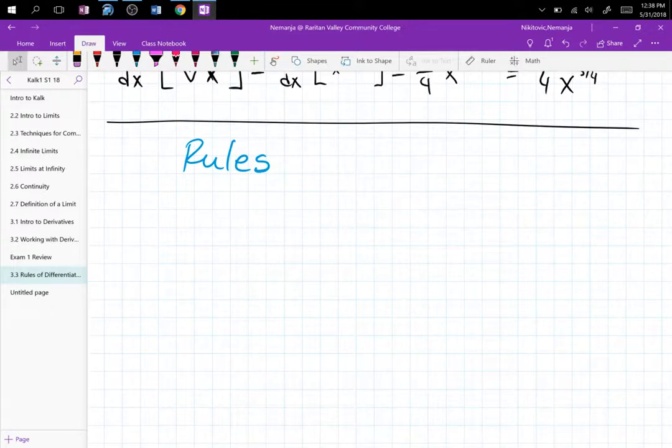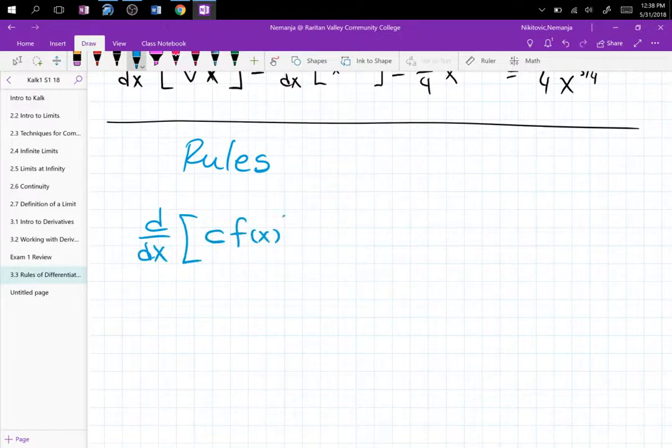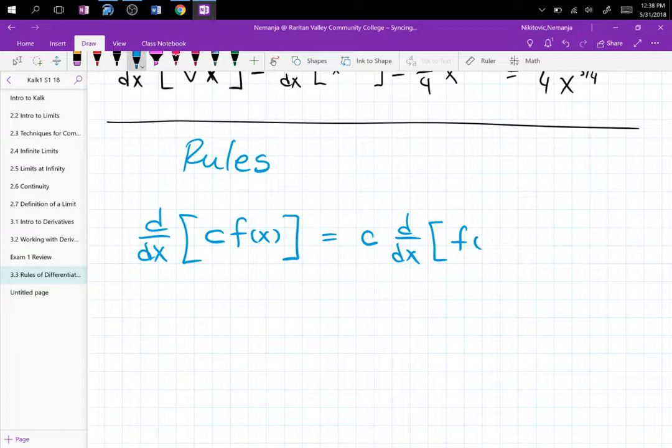So to write that formally, we will say that the derivative of c times f of x is going to be: kick the constant outside and then just worry about the derivative of the function. Right, so that's one of the rules.